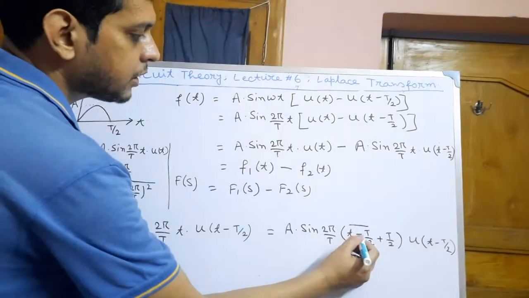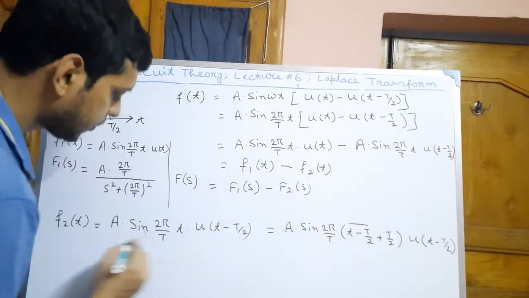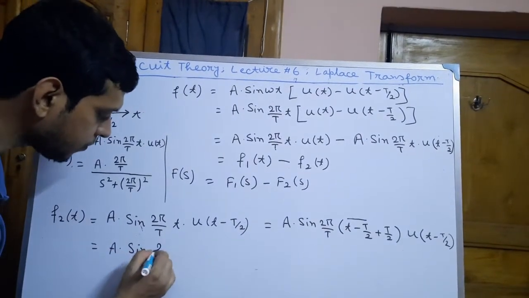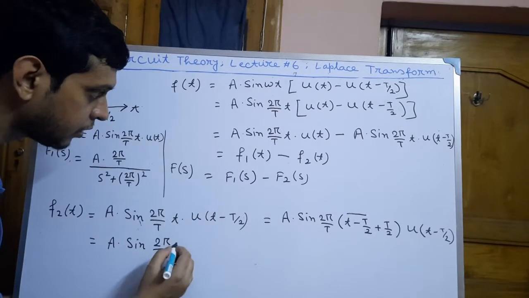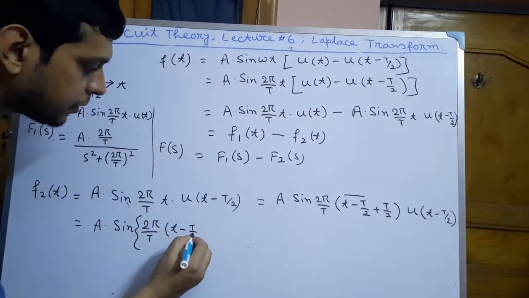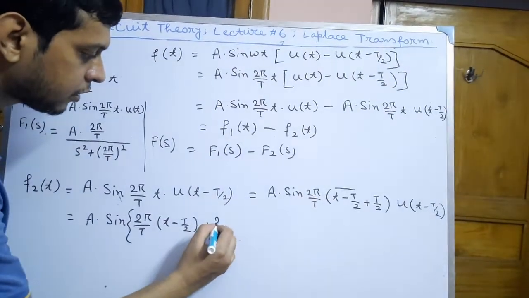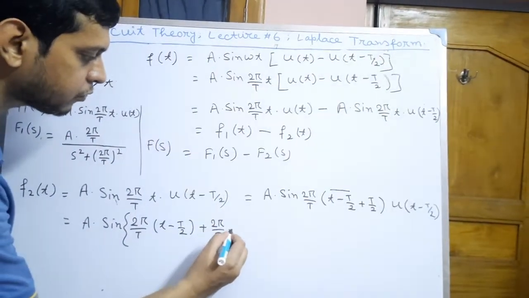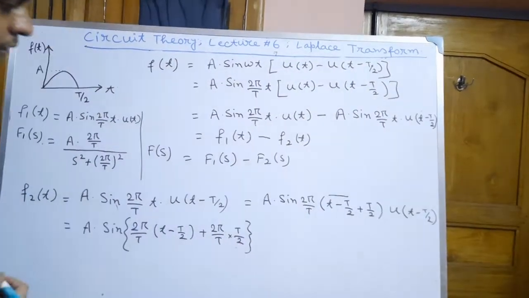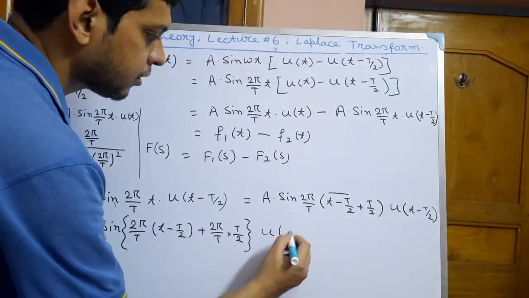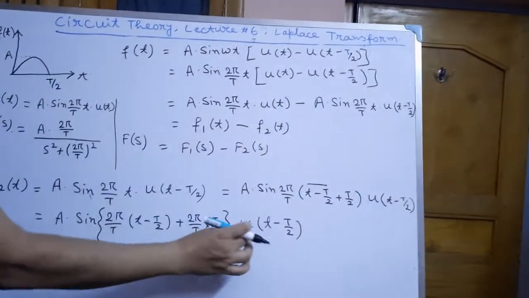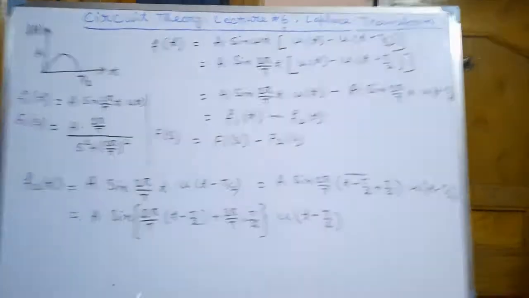Let us take t − T/2 first. So this is equal to A sin[(2π/T)(t − T/2) + (2π/T)(T/2)], and the whole thing is multiplied by this delayed unit step function.